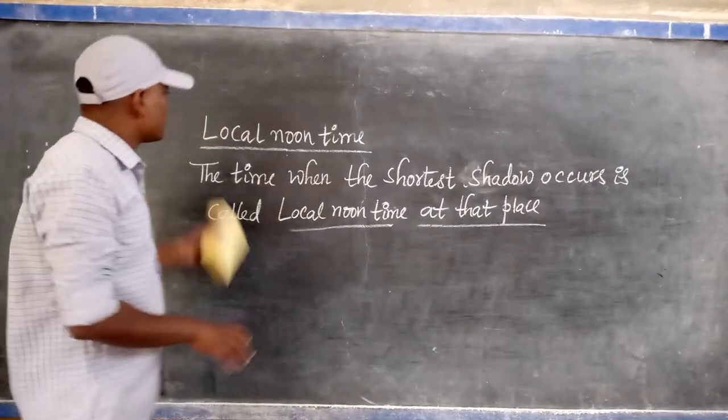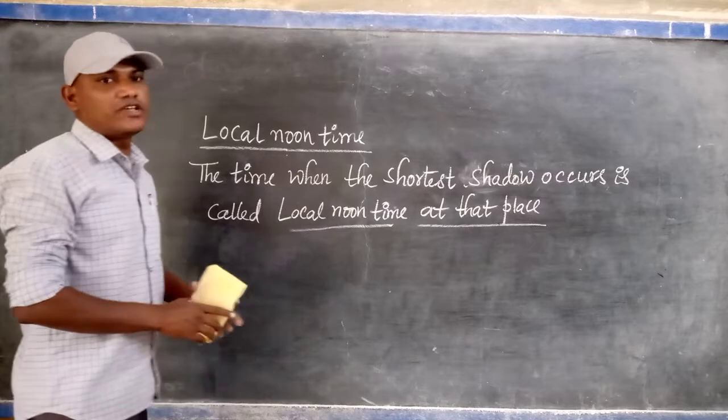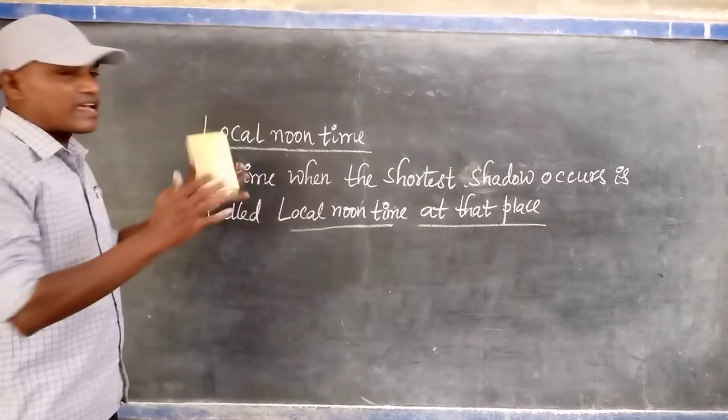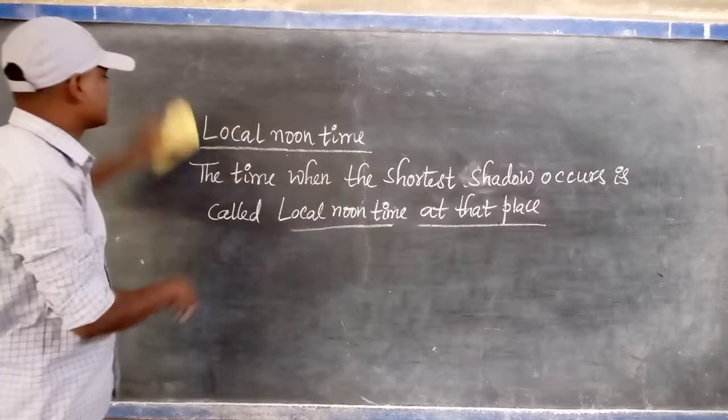So how can we find local noon time, and at what time does the shortest shadow occur? By considering one particular place, an imaginary place, we discuss this activity.